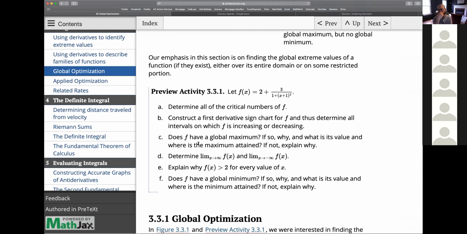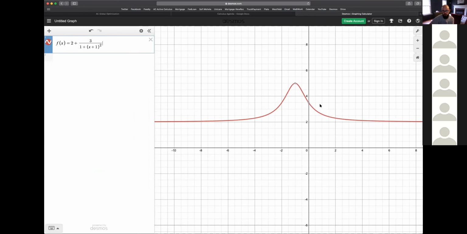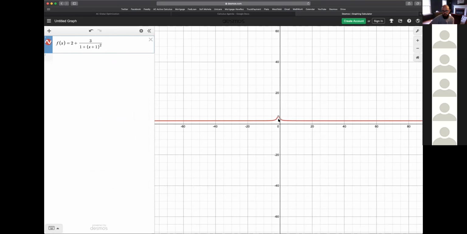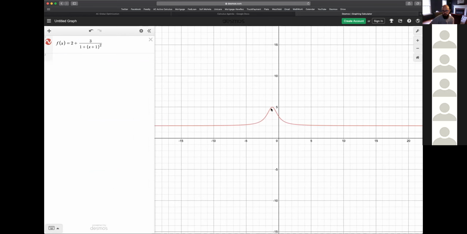You could Desmos it, right? Yeah, right. So you could look at this. You could plug it into Desmos, right? So if I graph it, we'll look at this and we'll say, yeah, hey, we can see that, right? Does it achieve a maximum? Well, it looks like this point right here seems a pretty reasonable candidate for my global maximum.